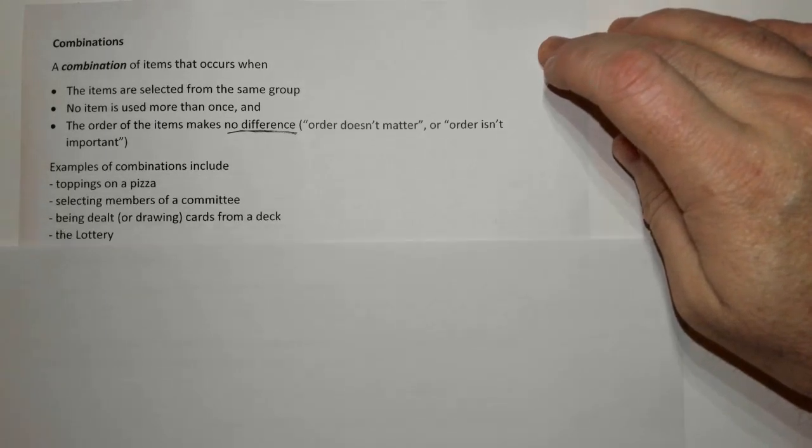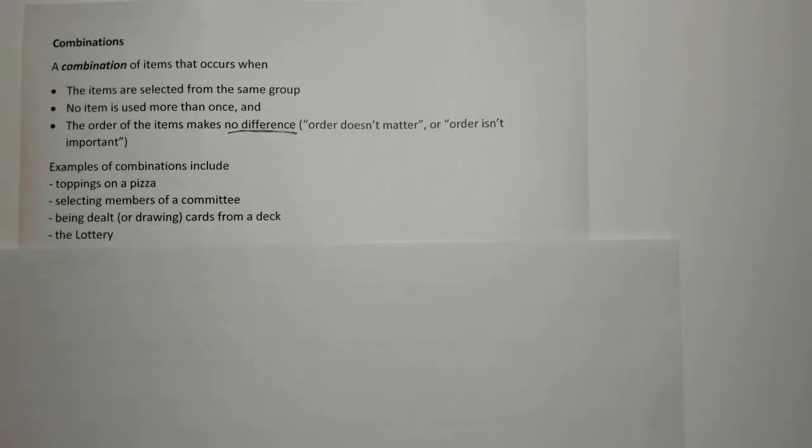Some examples of combination problems would be toppings on a pizza. For instance, it doesn't matter in what order you get, say, 3 toppings: pepperoni, sausage, bell peppers, as long as those items are on the pizza.